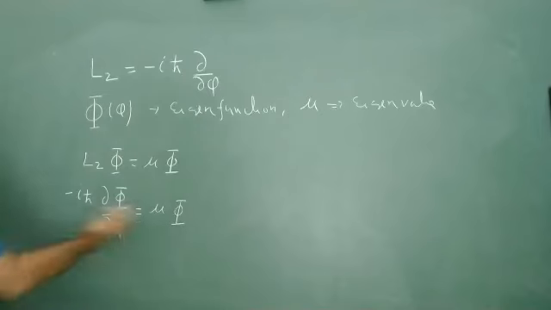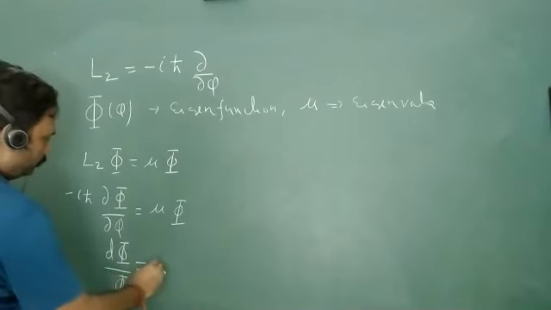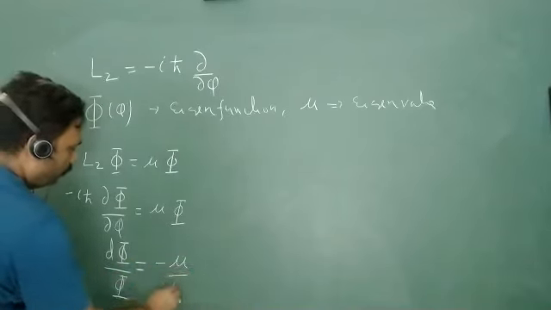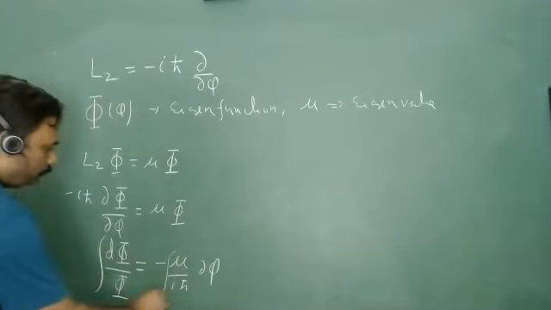So what will happen? This is only one variable. So you can write d phi upon phi equal to minus mu upon i h cut d phi.